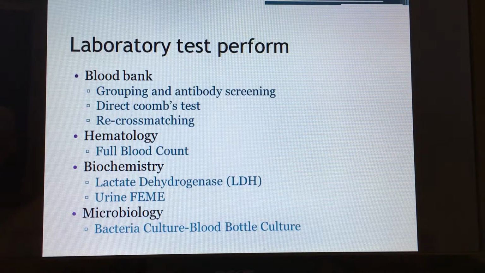So the doctor needed to order some laboratory testing: the ABO grouping and antibody screening, direct Coombs test, and recrossmatching of the blood pack and the patient sample. A full blood count was also performed to observe the patient's hemoglobin, along with lactate dehydrogenase and urine FEME, to check for hemolysis and suspected bacterial contamination.